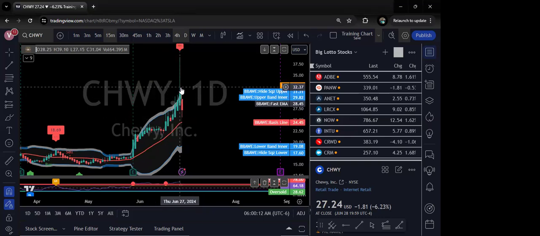So this one, it broke a rule. There was a strong rejection at 39, then it closed at 27. So we still have a wide band because it has been trending up. So it can come down to 24 or break below this and travel down to this level, or it can continue up.